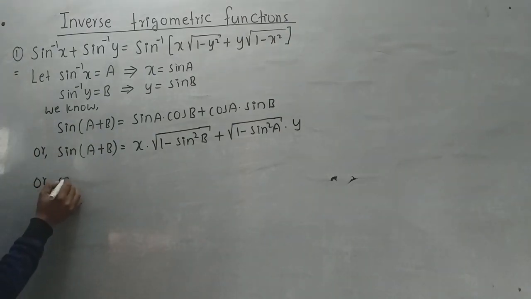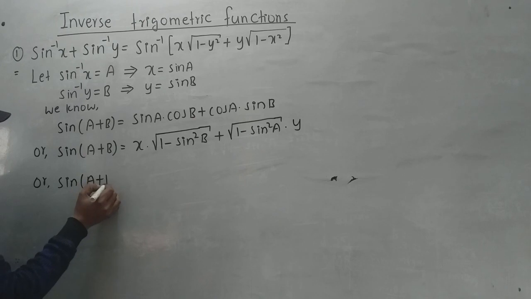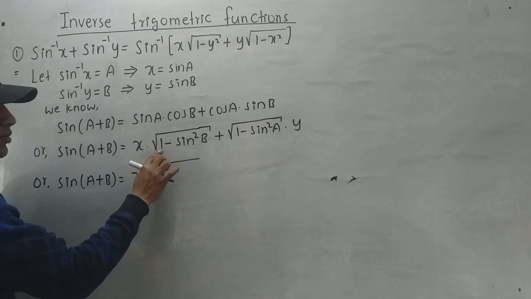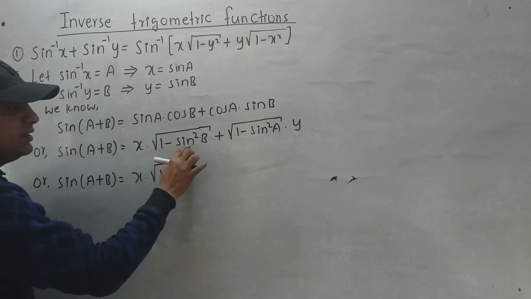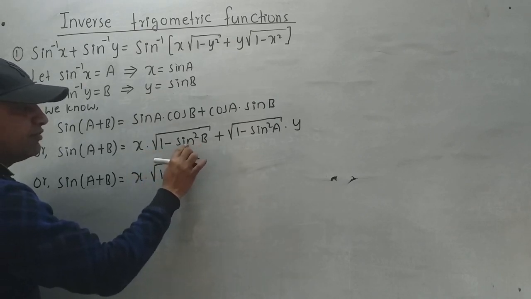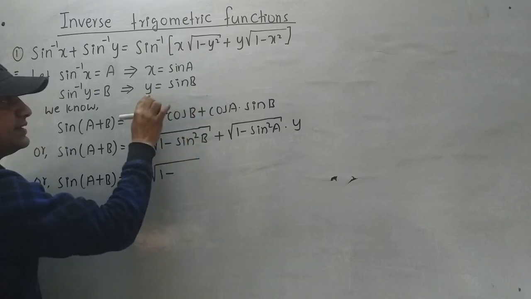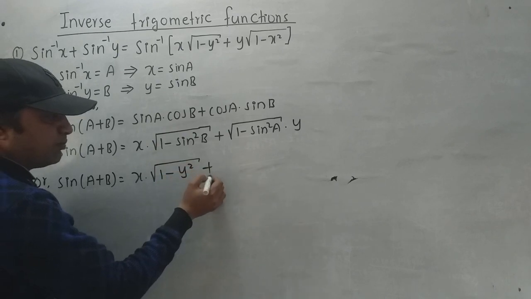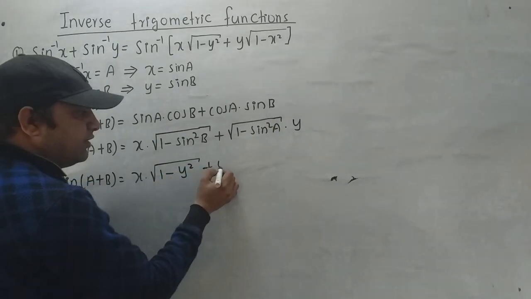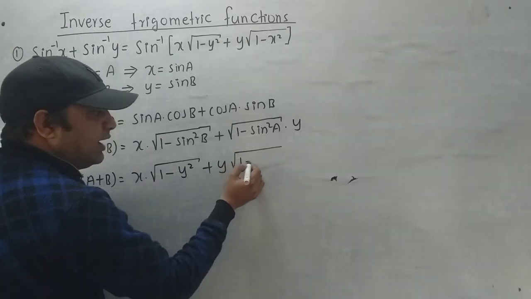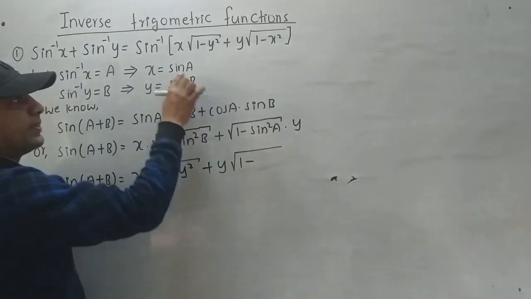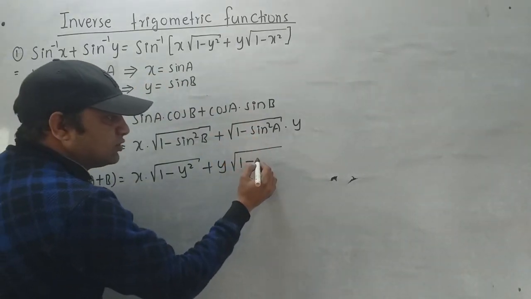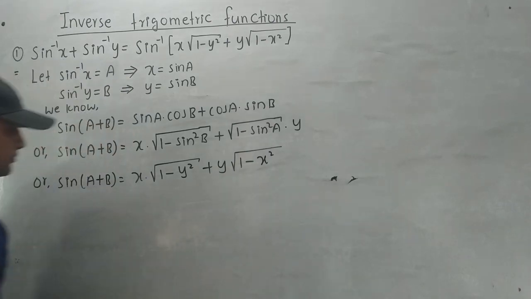So sine A plus B: x remains the same, under root of 1 minus sine square B, but for sine B you replace that by y, so it will be 1 minus y square, plus y, under root of 1 minus sine square A, and for sine A you replace that by x, so write x square.